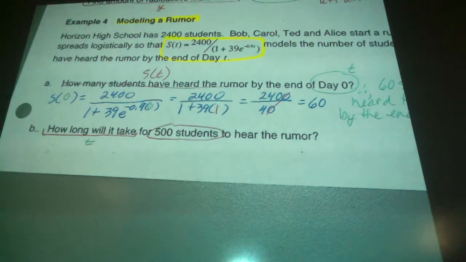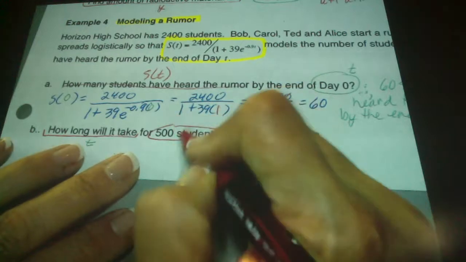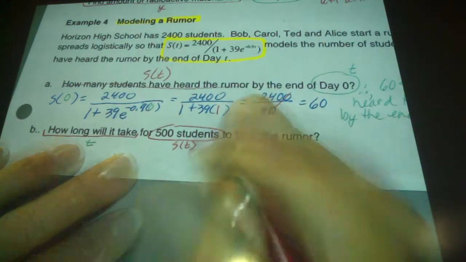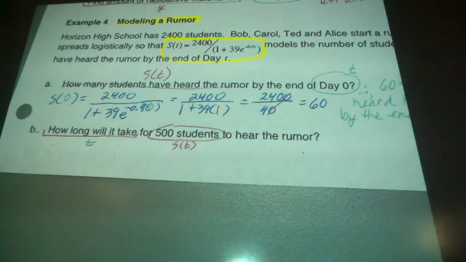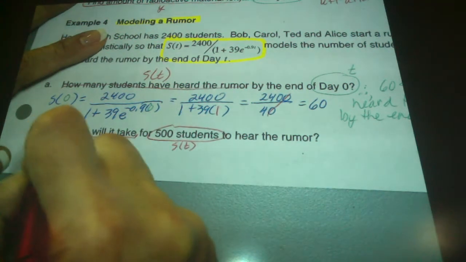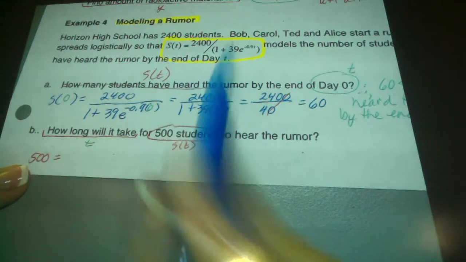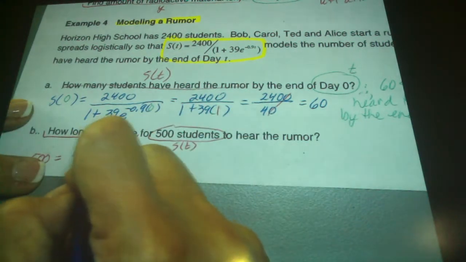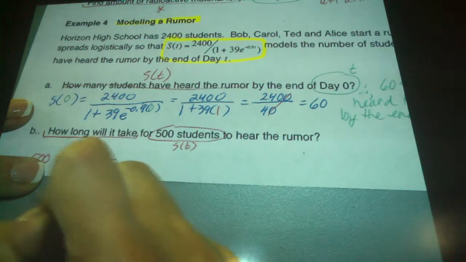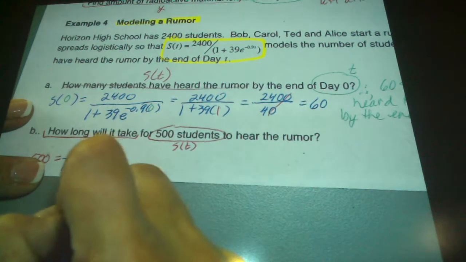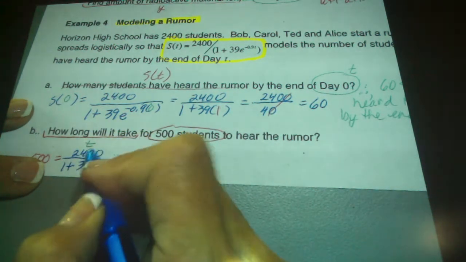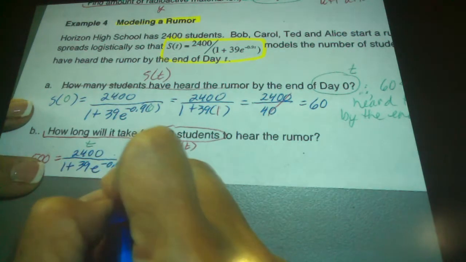How long will it take for 500 students to hear the rumor? That's your S of T, isn't it? That's the whole amount. We're going to replace all of S of T with 500. So you get 500 equals all of this, 2,400 divided by 1 plus 39 e to the negative 0.9 t.